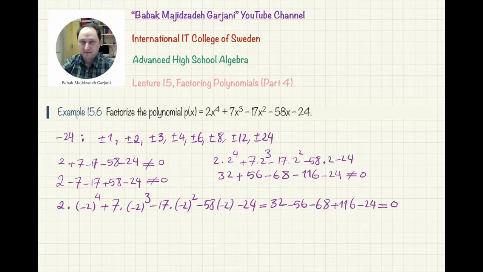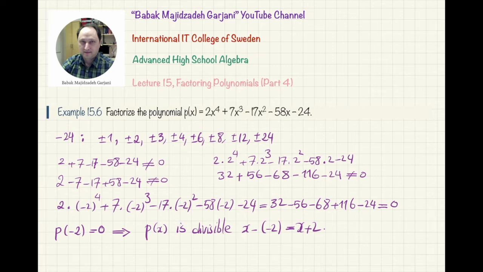So you see, I realize that minus 2 is a root of this polynomial. So I would say that p of minus 2 is equal to 0. So what can I conclude? I can conclude that p of x is divisible by x minus minus 2, which is x plus 2.